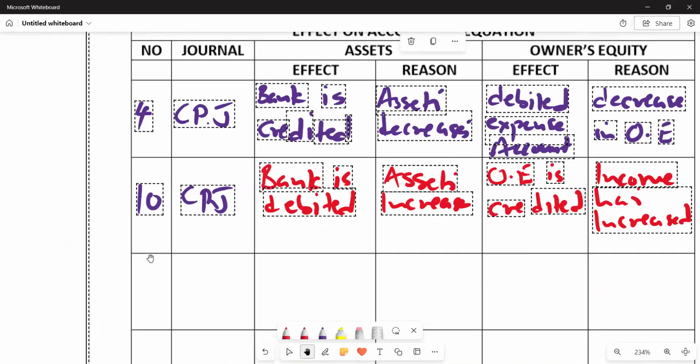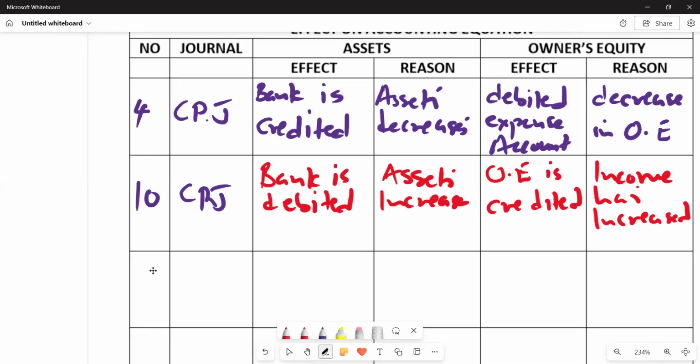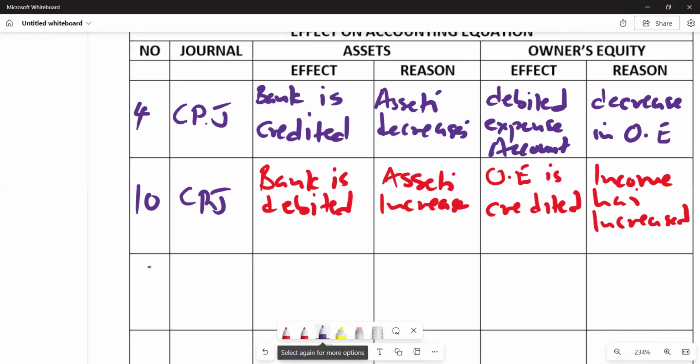So here we are now. This transpired on the 22nd, and we are paying, so it's the cash payments journal. On all the effects on assets, bank is credited.